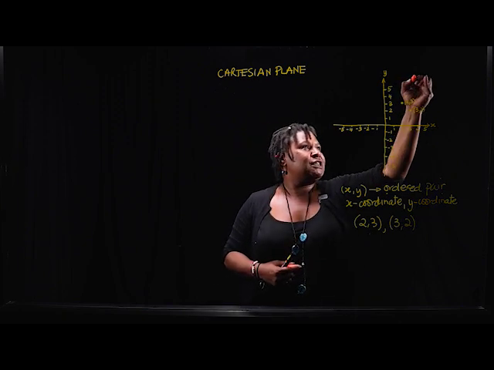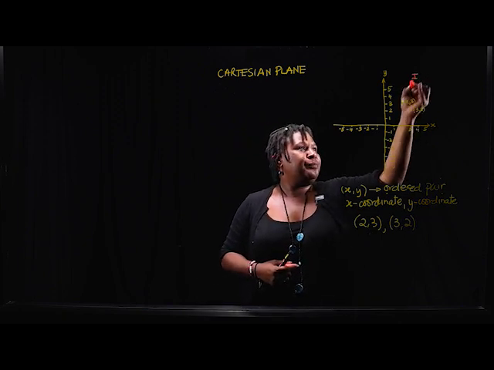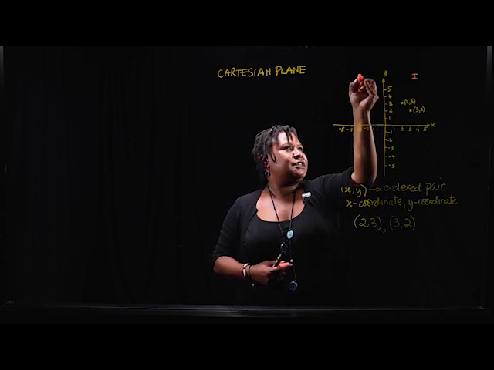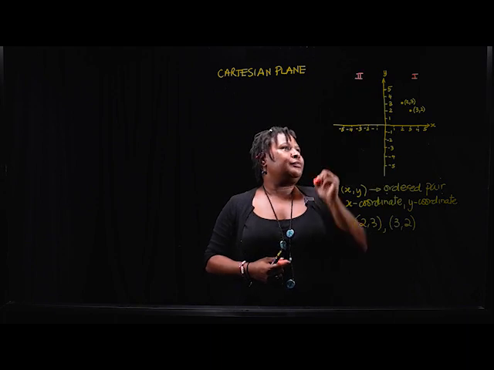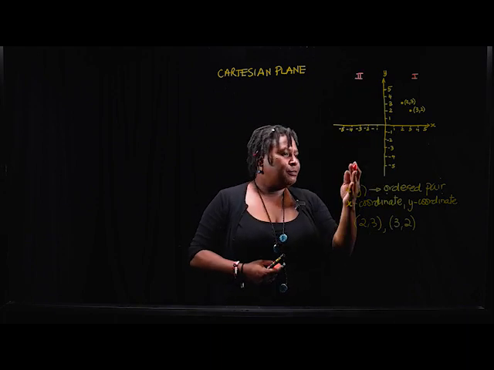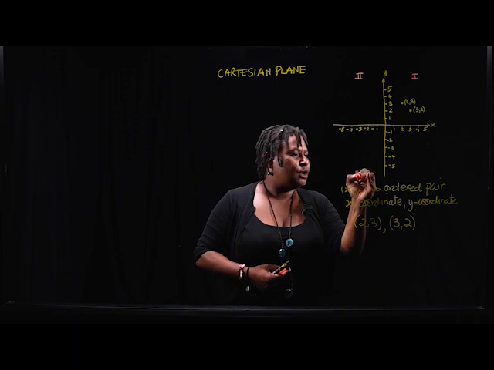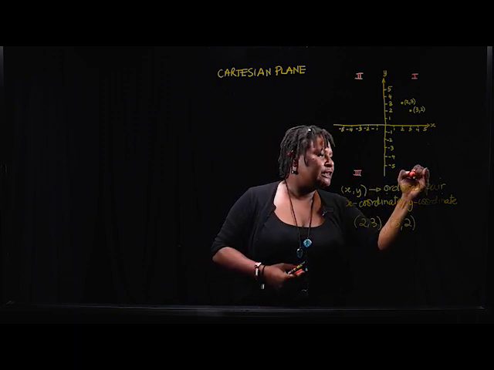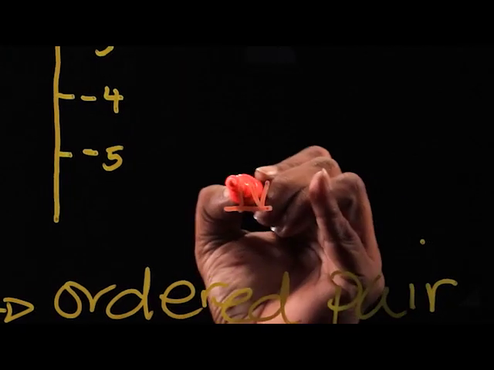So this is quadrant number 1, and in an anti-clockwise direction, this is quadrant number 2. Then coming down this way, this is quadrant number 3. And the last quadrant is this one.